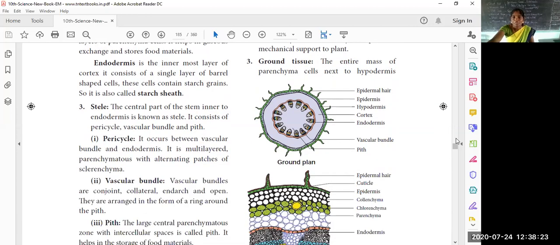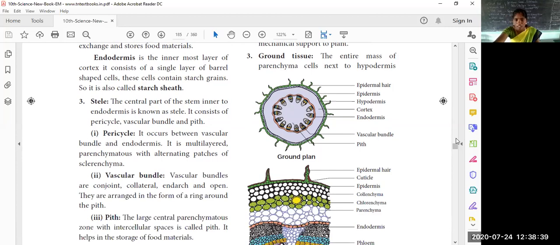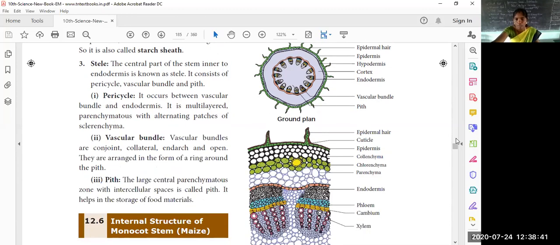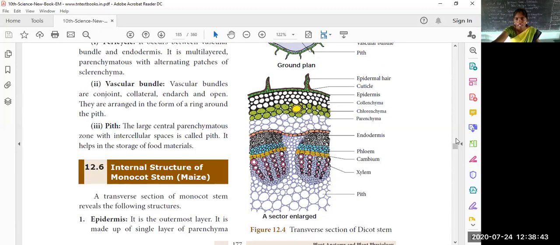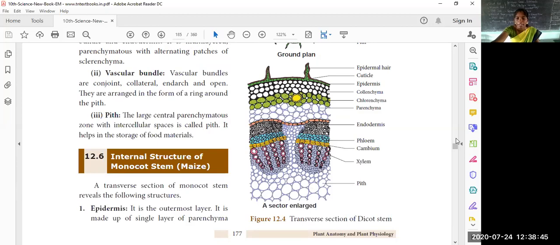Here, see the structure of the stem: epidermal hair, epidermis, hypodermis, cortex region, the endodermis region, vascular bundles, and the pith. Here the enlarged view of the transverse section of the stem is given. See the epidermal hair, next the cuticle, then the epidermis, then the chlorenchyma cells and parenchyma, three different kinds of cells.